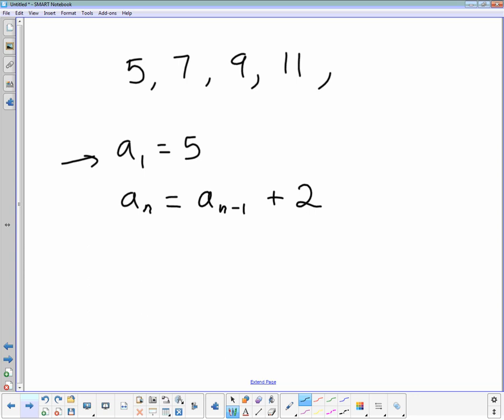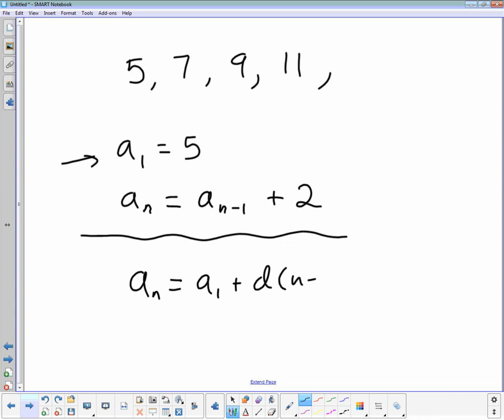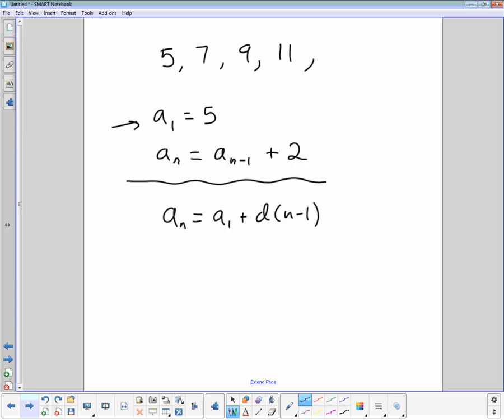That's the recursive form. And the explicit form for this particular one would be to find the nth term. That's A1 using the formula. Well, for this guy, my difference is 2.